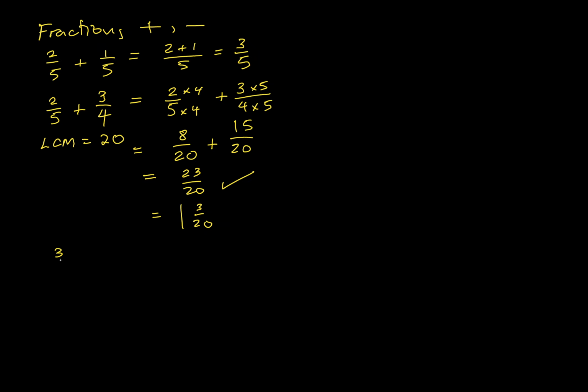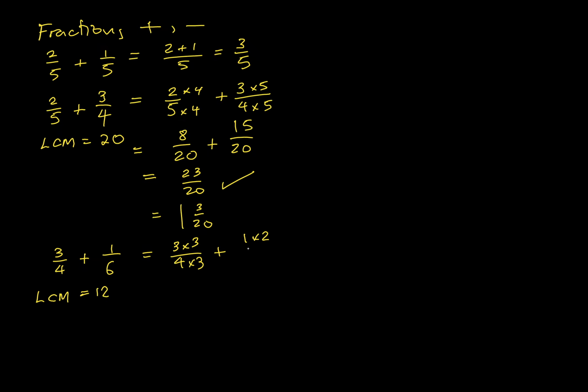Now let's try another one. 3/4 plus 1 over 6. Here the lowest common multiple is actually 12. You could use 24. So multiplying top and bottom of that one by 3, we'll write out the working just for those people who might not be as fast.